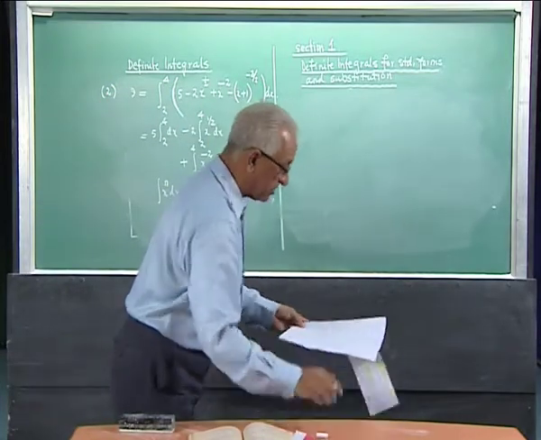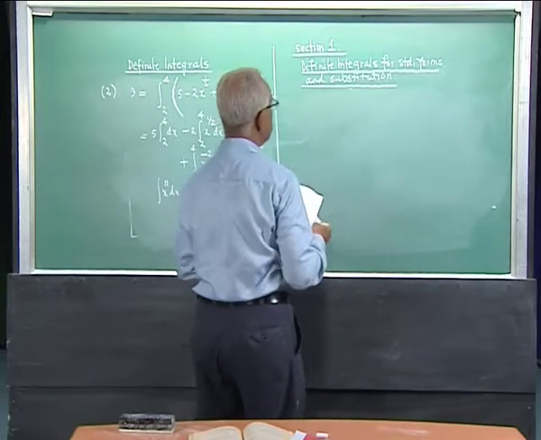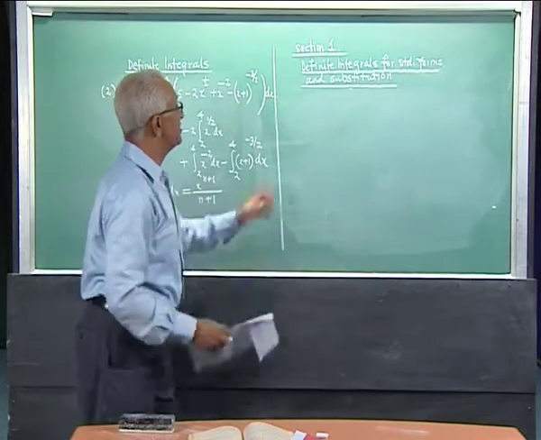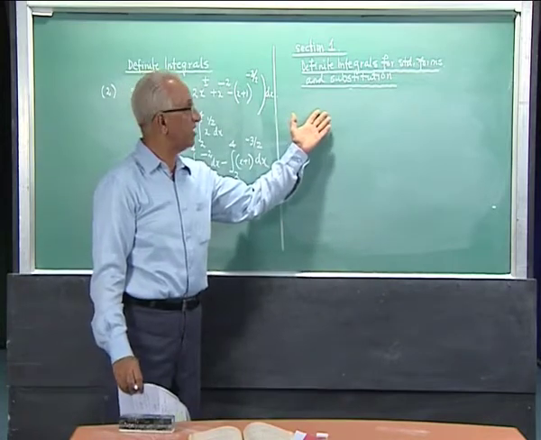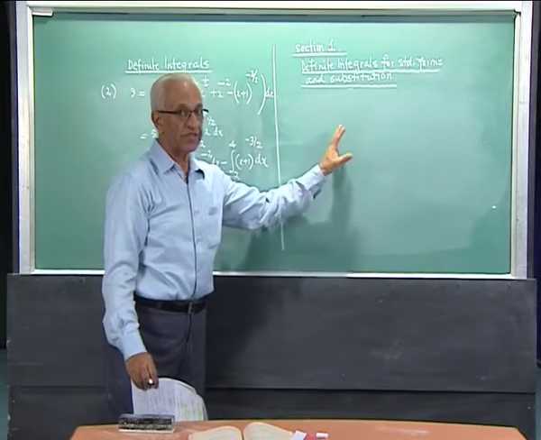I take up the first example like this, the first exercise. But before that, there are certain trigonometric functions whose values are required at 0 degrees or 30 degrees.